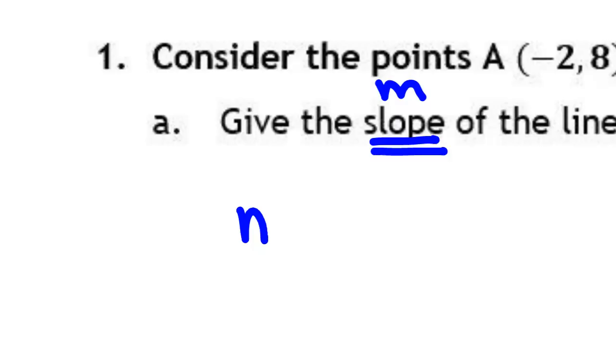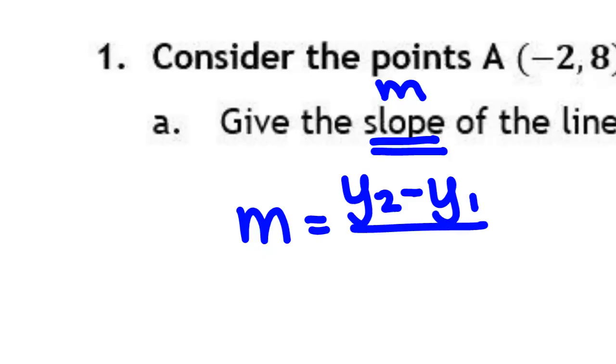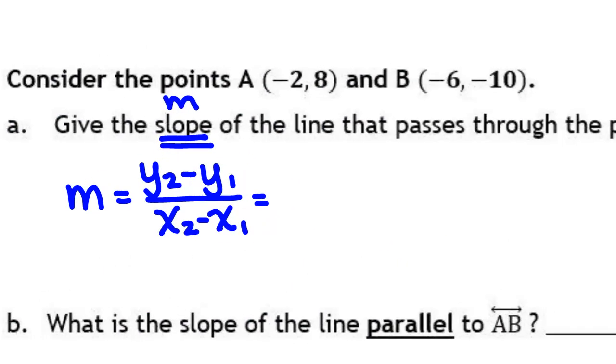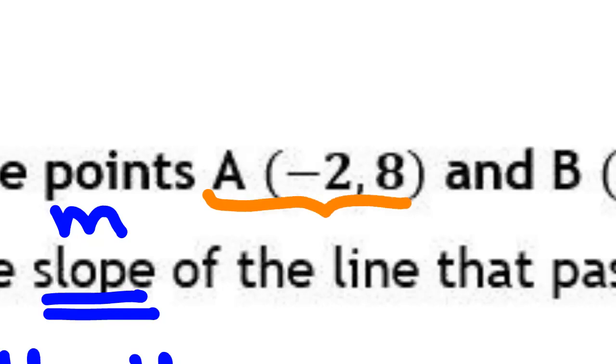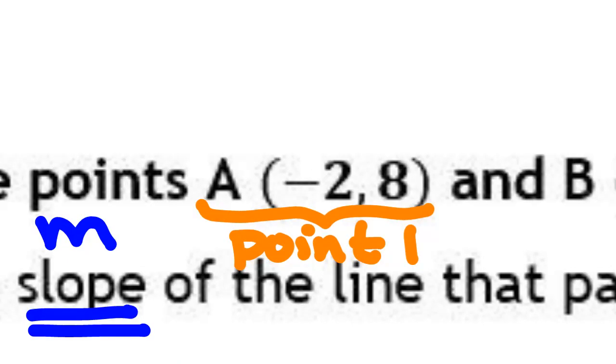Our formula for this was m equals y2 minus y1 over x2 minus x1. One of our points needs to be point 1, the other point 2. I'm going to let A be my point 1, so -2 would be my x1 and 8 would be my y1.